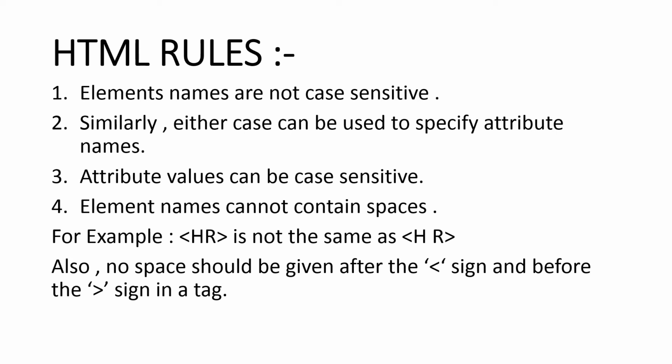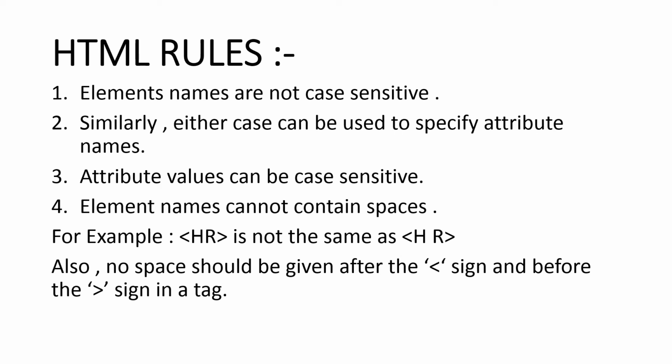Now, the next rule is attribute values can be case sensitive. Okay, the values that you are giving can be case sensitive. It is not compulsory, but it can be case sensitive. It means using capital letters for the values can matter. Okay.